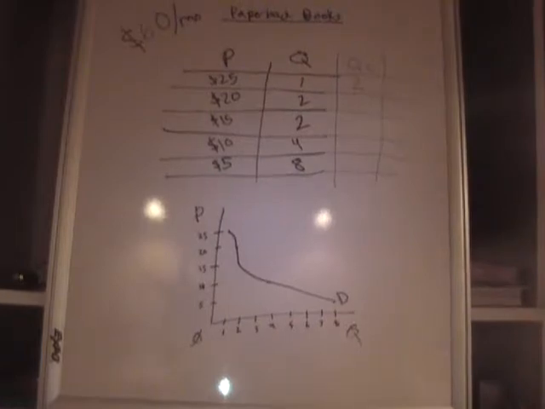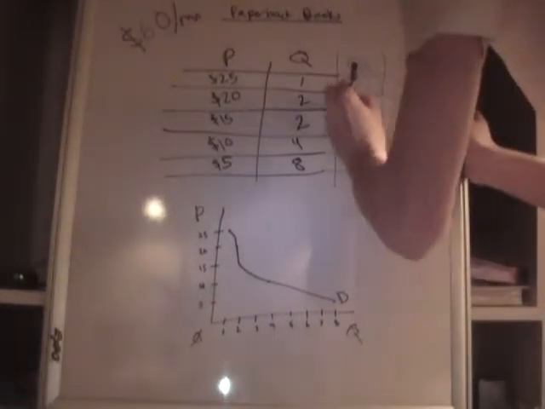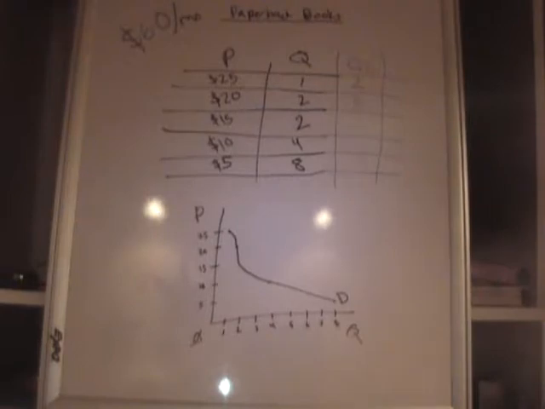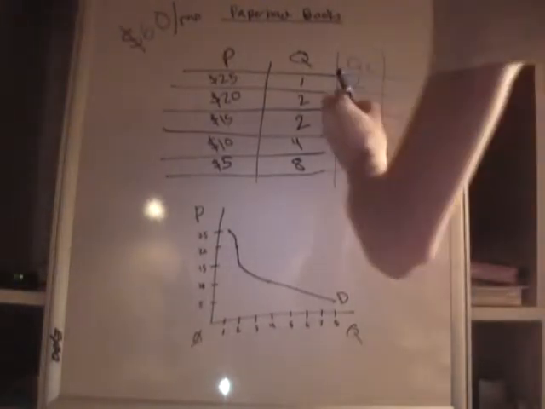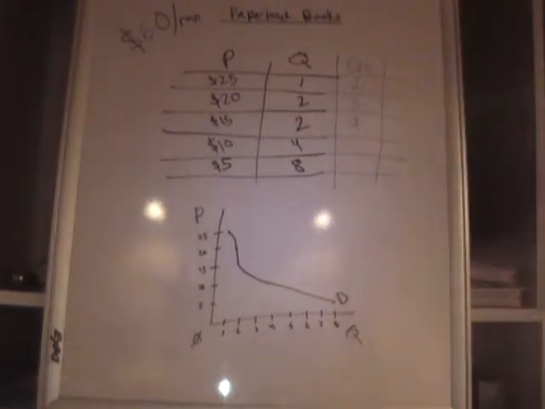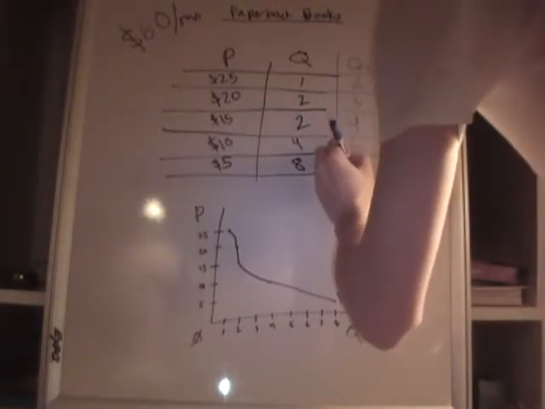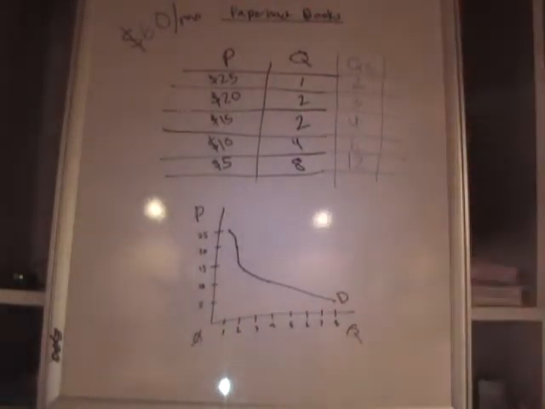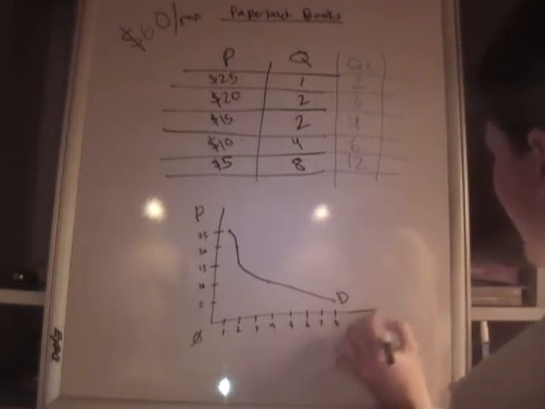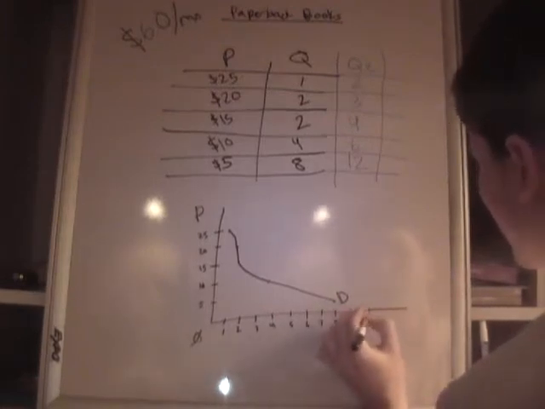If they're 20, he's going to buy 3. If they're 15, he's going to buy 4. If they're 10, he's going to buy 6. And if they're 5, he's going to buy 12. So let's add a little bit more over here.